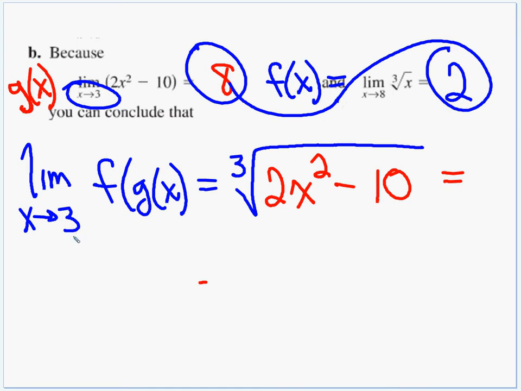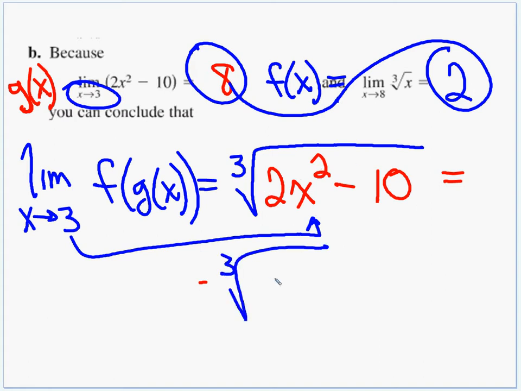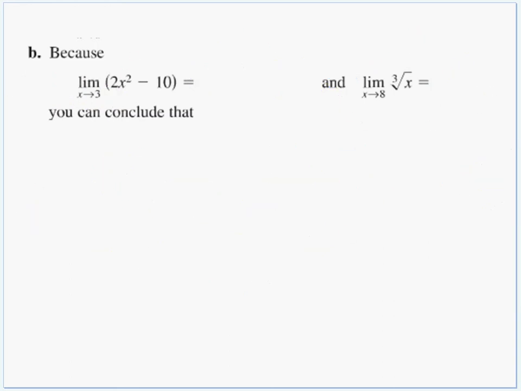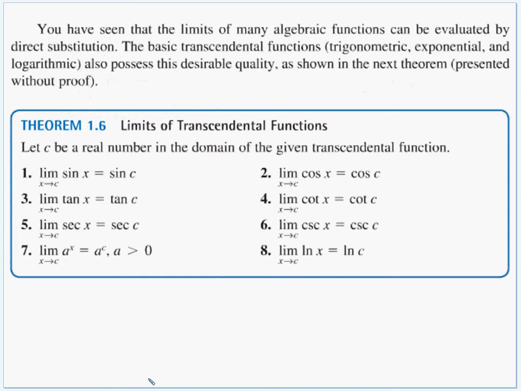Now we should be able to plug in the 3 and have the 2 come out right away. So the 3 goes in, 3 squared is 9, times 2 is 18, 18 minus 10 is 8, and that's under our third root. Third root of 8, we've already established, is 2. So if you run into a composite function, direct substitution should still be tried first.